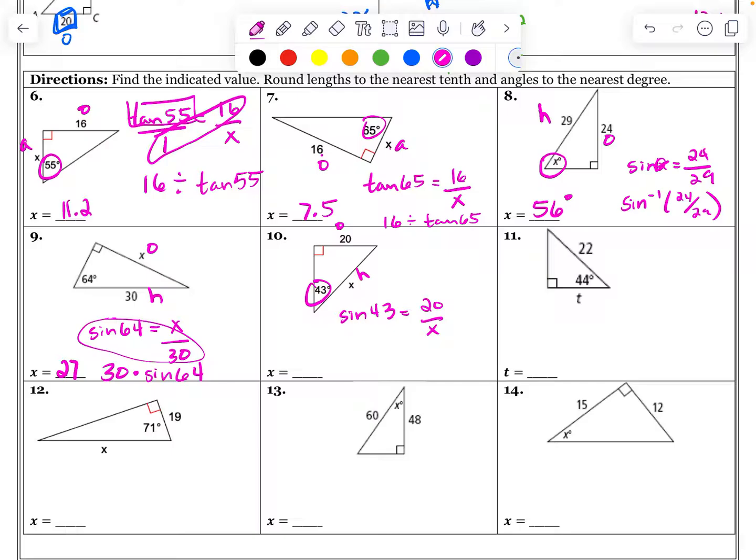X is on the bottom, so I have to divide. 20 divided by the sine of 43 ends up with 29.3. I've got an adjacent and a hypotenuse, so that is cosine of 44 equals t over 22. So 22 times the cosine of 44 is 15.8.